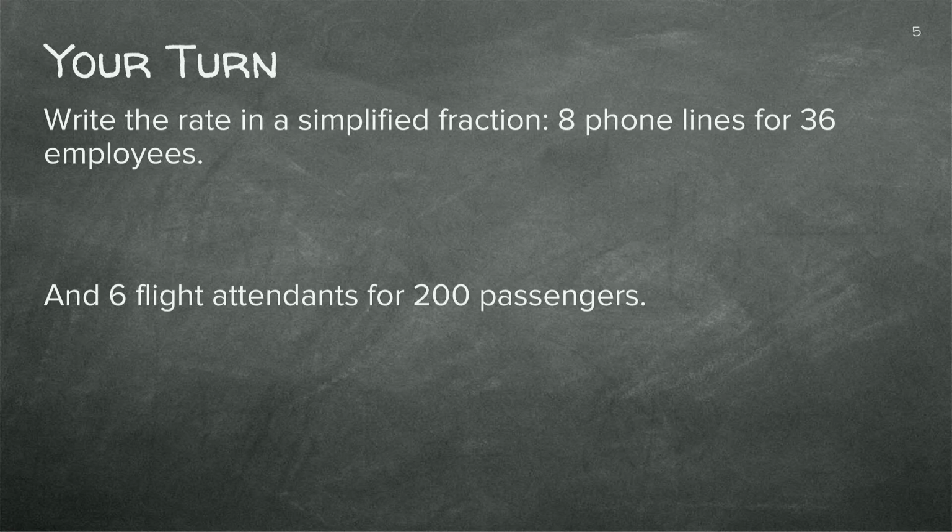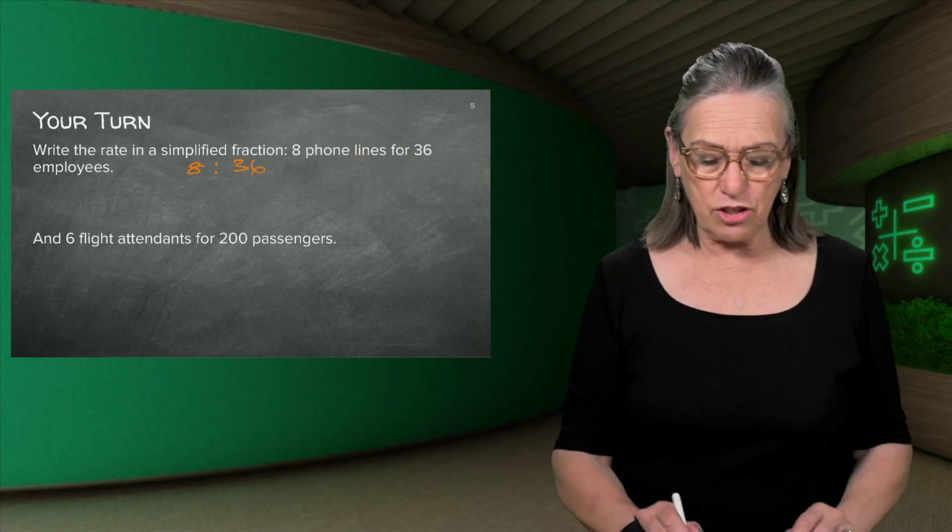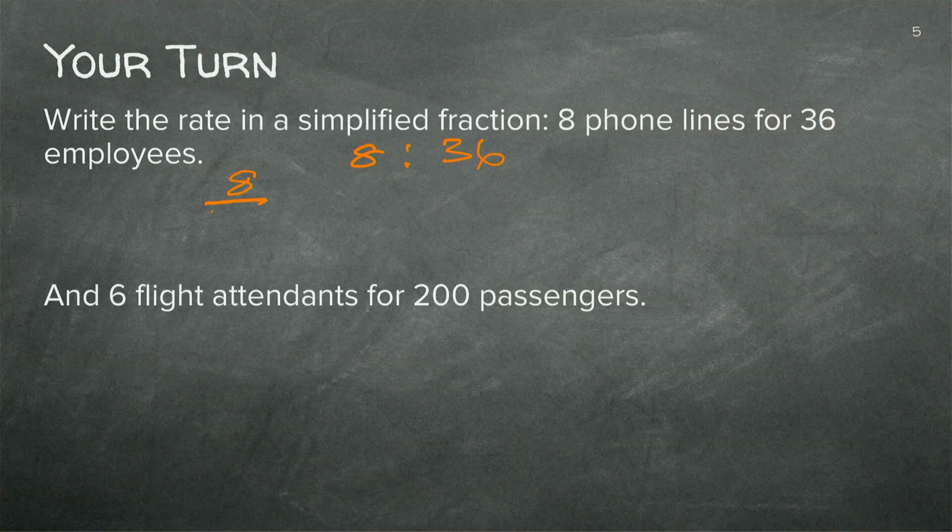Say, for example, they ask us, write the rate in a simplified fraction, 8 phone lines for 36 employees. Okay, so now we know we can write it in words, 8 lines per 36 employees, or we can write 8 to 36. But like I said, the best for me is to do it in a form of a fraction.